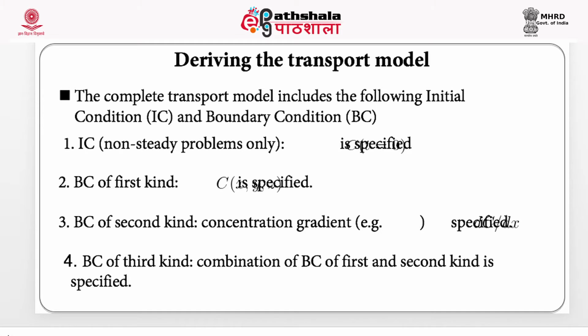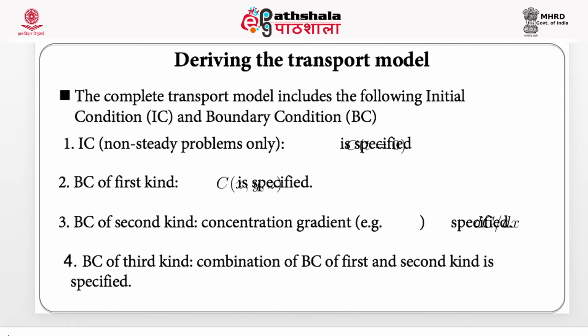If you remember, in the flow we defined the hydraulic head gradient. Like in the flow model, in the transport model, we can specify the dc by dx, or the gradient, and it can also be used to specify a no flow, no mass transport condition. In that case, we set dc by dx, or the concentration gradient, equal to 0.